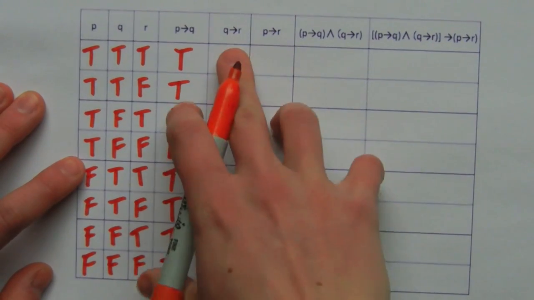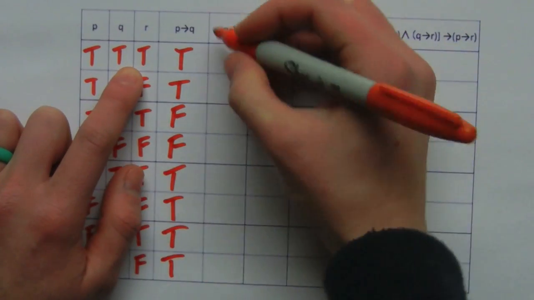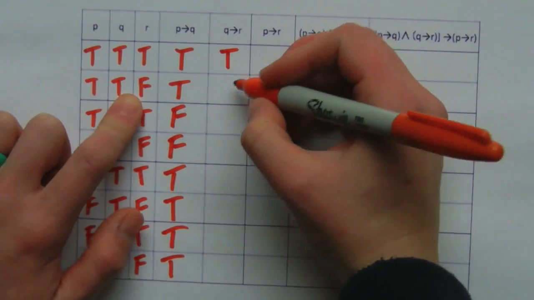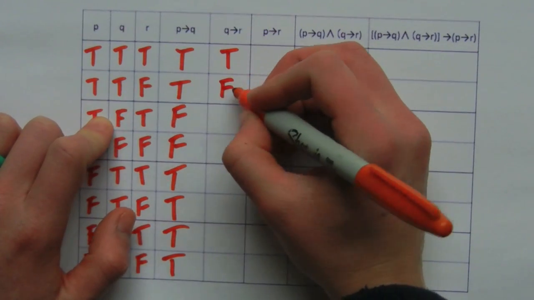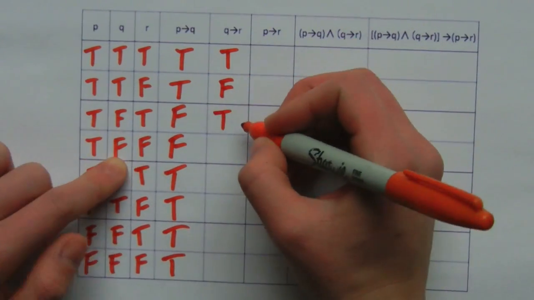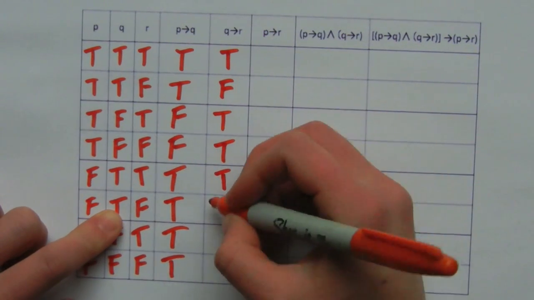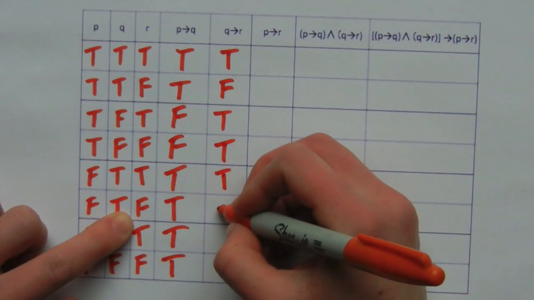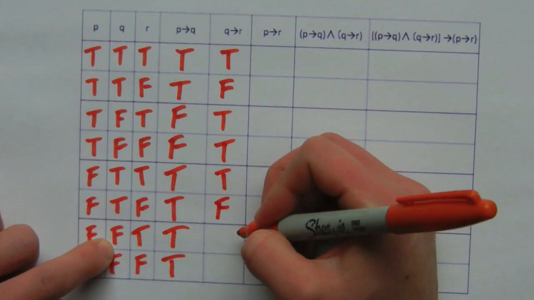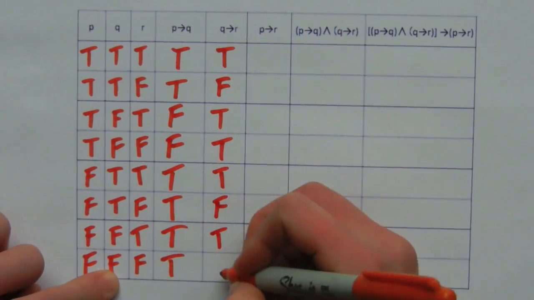So now we're going to look at Q implies R. True implies true. True cannot imply false. False implies true. False implies false. True. True cannot imply false. False implies true. And false implies false.